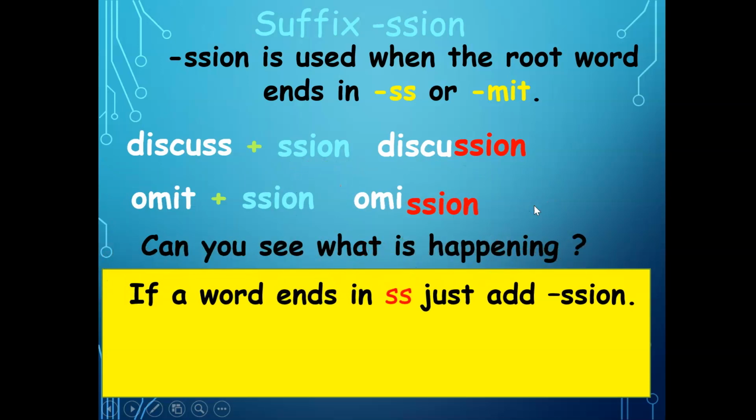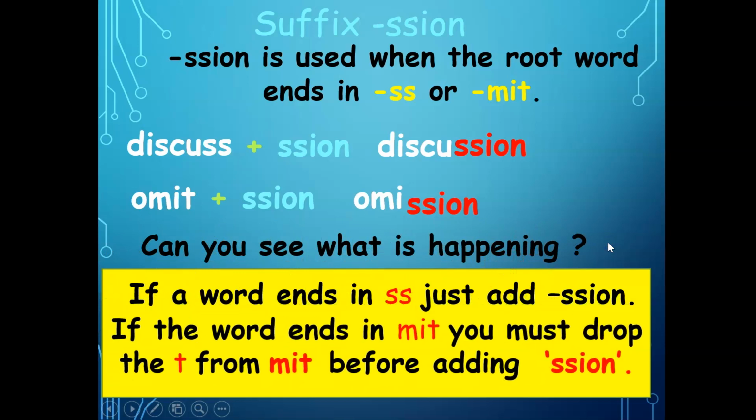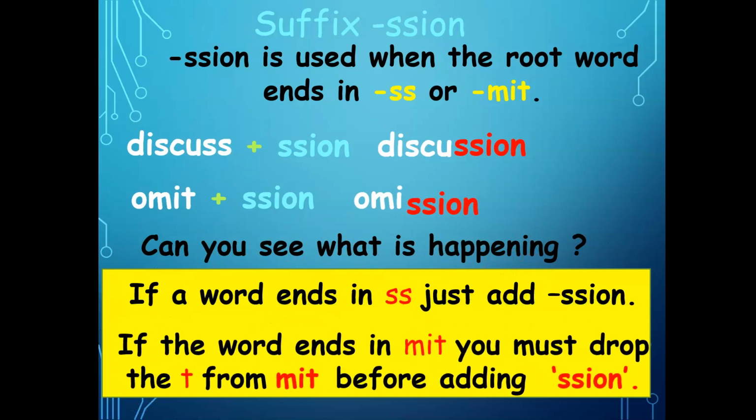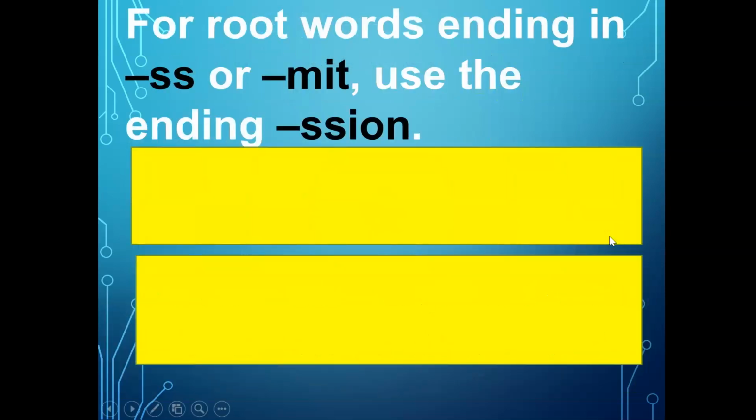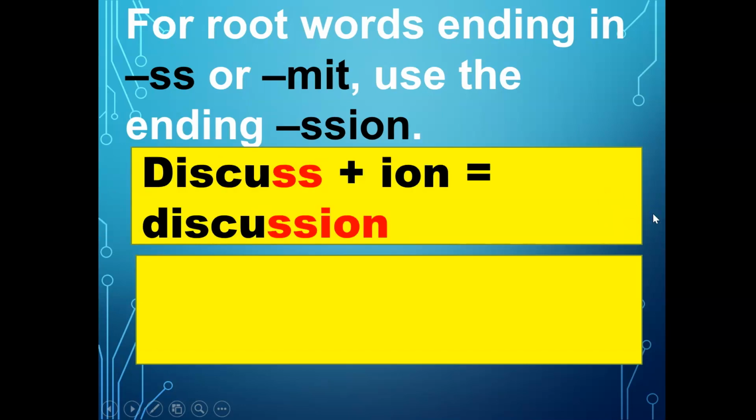If a word ends in ss, just add ssion, but remember, not four times s. But if the word ends in mit, you must drop the t before adding ssion. So for root words ending in ss or mit, use the ending ssion.